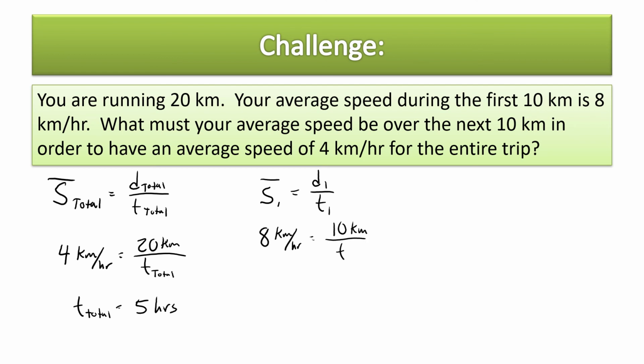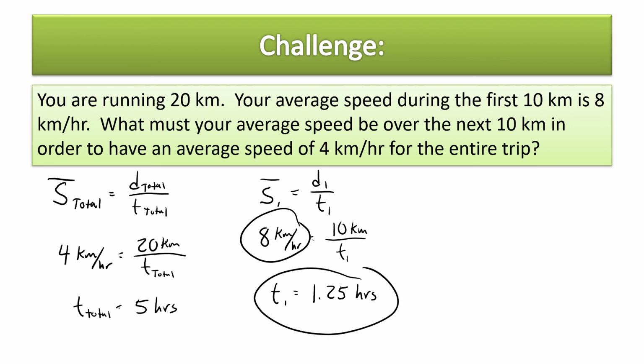How much time did that first leg take you? Again, you cross multiply, 10 is equal to 8 times t, and then you do 10 divided by 8, and you get 1.25 hours. So of the 5 hours, you were traveling at 8 kilometers per hour for 1.25 hours.